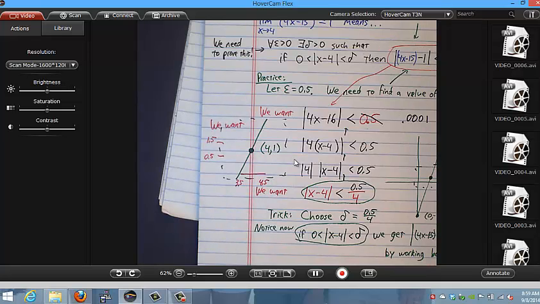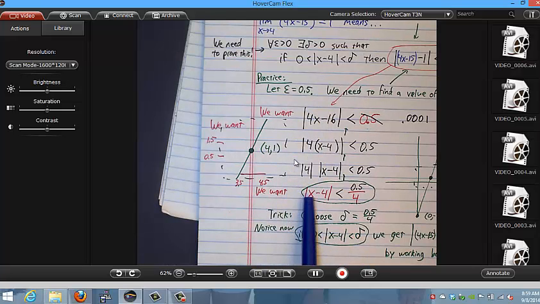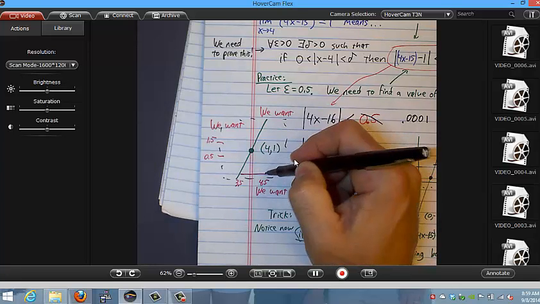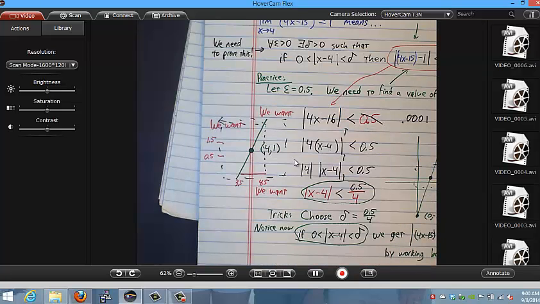And so the game was, could we find a value of delta that would work? So we did a lot of algebra, and we figured out that delta should be 0.5 divided by 4. Look, this delta I drew, that wouldn't work. Check this out. If I used this delta and put in an input of 4.5, wouldn't I totally miss the epsilon window? That's no good. You can't use 0.5 for the delta.